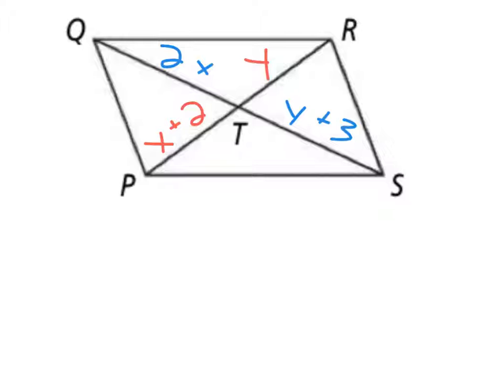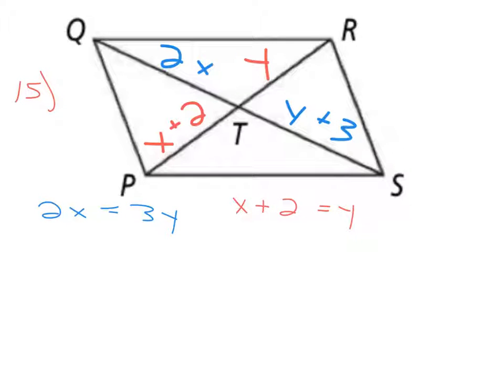We can write this set of equations here. We can say 2x equals 3y. They must be equal if it's a parallelogram. And x plus 2 equals y. That's number 15.